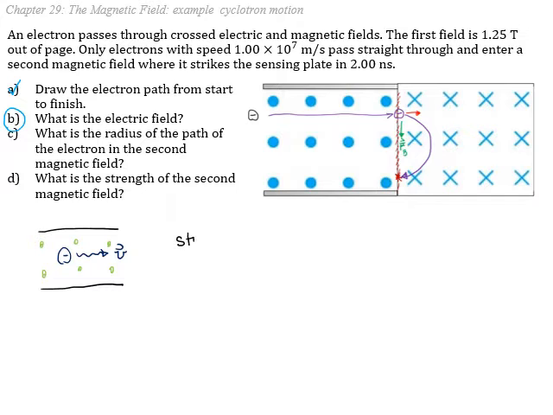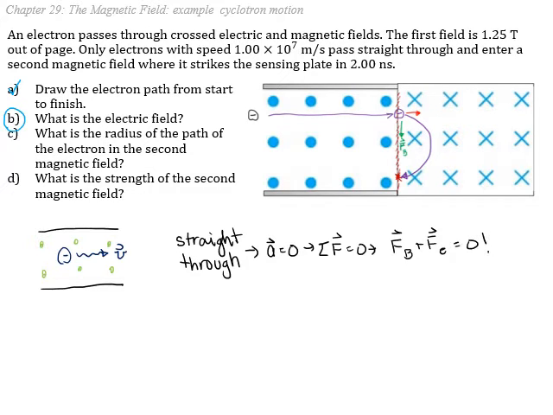If the electrons go straight through, that tells us that the acceleration has to be 0. If the acceleration wasn't 0, they would deflect up or down. If the acceleration is 0, then the net force has to be 0. And if the net force is 0, then the magnetic force plus the electric force has to be 0.